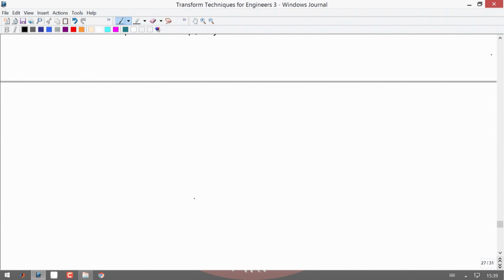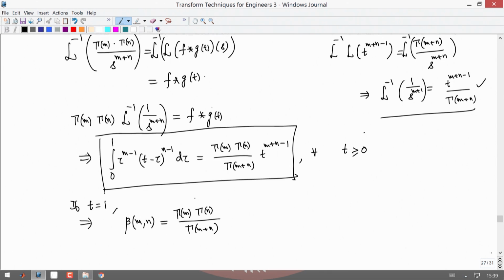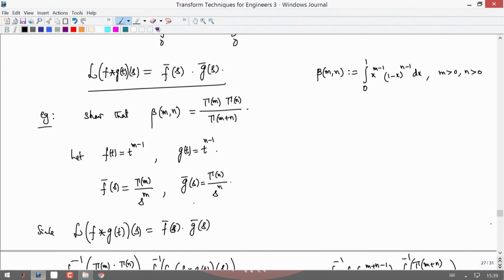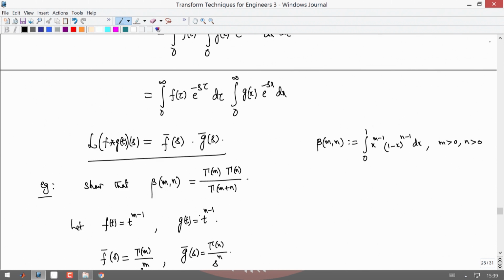What we do now is, you can also see many of the properties of this convolution. Convolution we have defined.